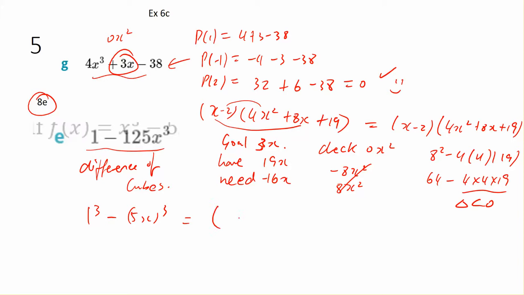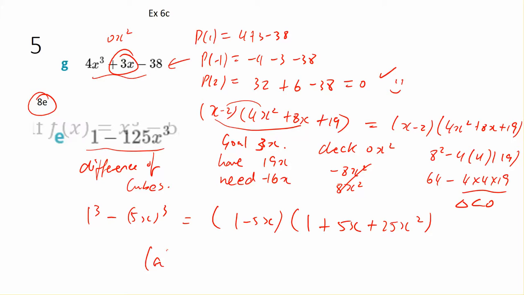So your factorization is 1 minus 5x, then you square the first number, so it's 1, plus the first number times the second number, ignoring the negative, so 1 times 5x is 5x, and then you square the last number, 5x all squared, which is 25x squared, and you're done. It's just a matter of memorizing that.